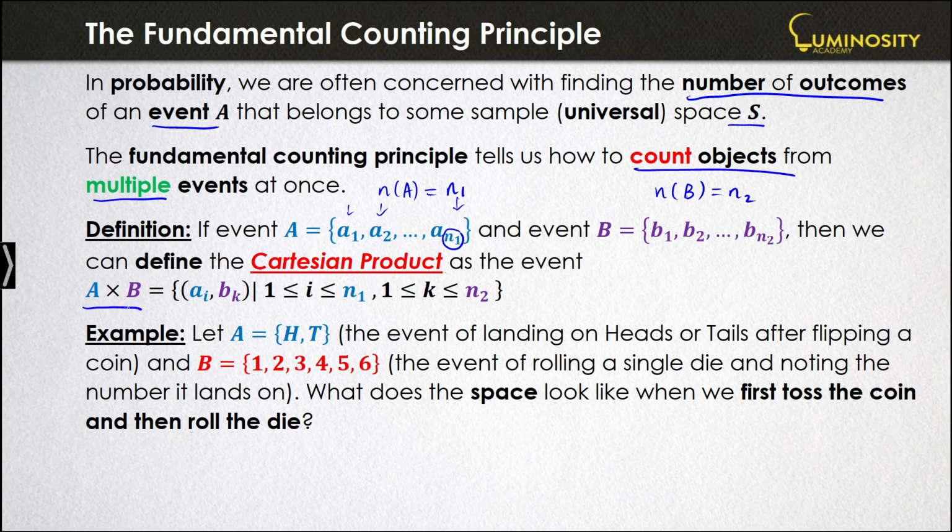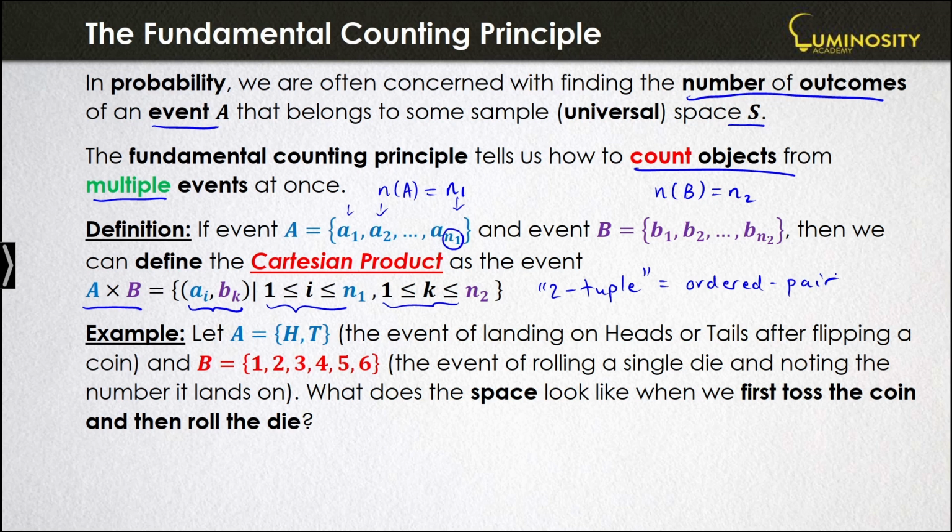It's almost like saying A times B, but we say A cross B. And this is defined as the set of all ordered pairs (A_i, B_k), where i runs through the number of elements in A and k runs through the number of elements in B. That ordered pair (A_i, B_k), the fancy mathematical word for it is a two-tuple, but essentially that just means an ordered pair, where the first element inside that pair comes from the first set A, and the second element comes from the second set B.